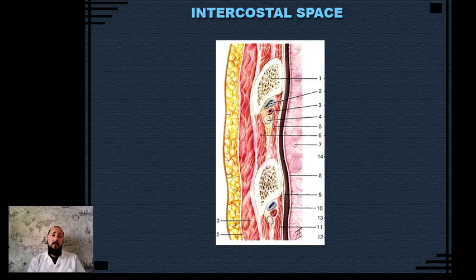So, in different patient conditions called hydrothorax, hemothorax, there could be fluid inside the pleural cavity. To evacuate this fluid, we should make a pleurocentesis. Pleurocentesis means puncture of the pleural cavity.